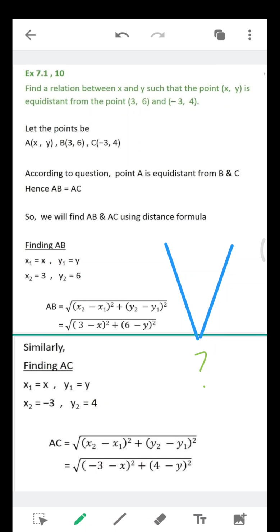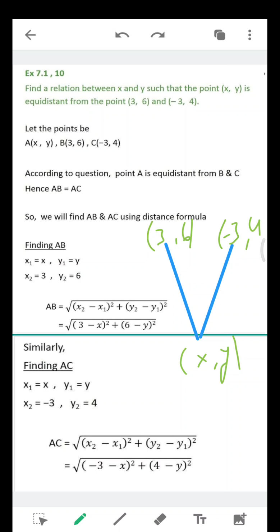Find the relation between x and y such that point (x, y) is equidistant from (3, 6) and (-3, 4). So here comes (x, y), and here comes (3, 6) and (-3, 4).